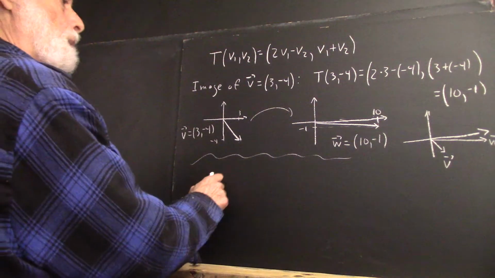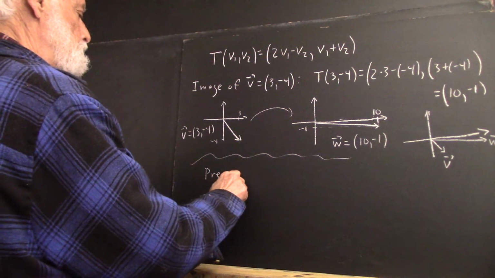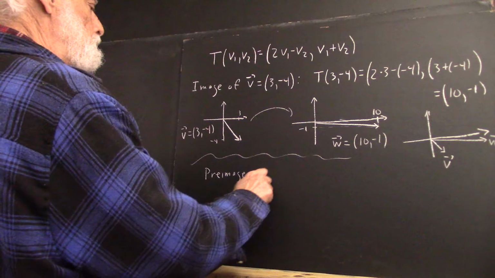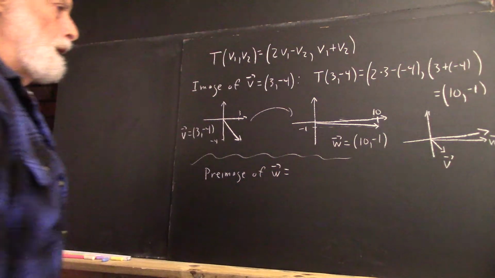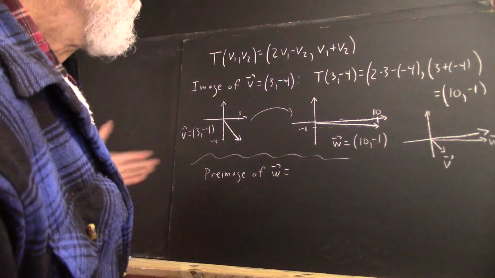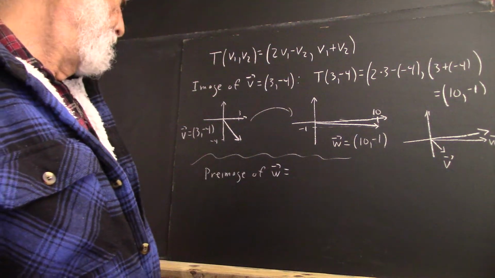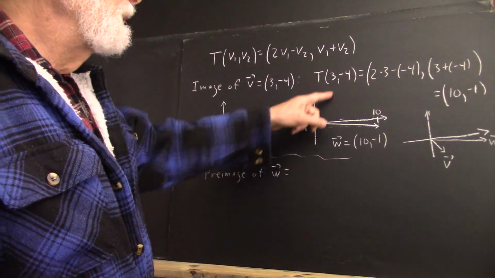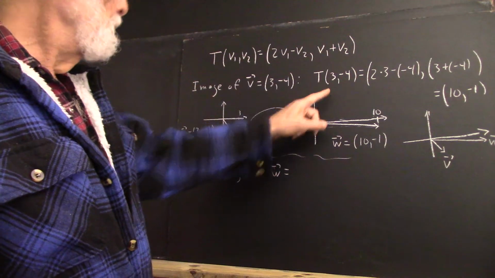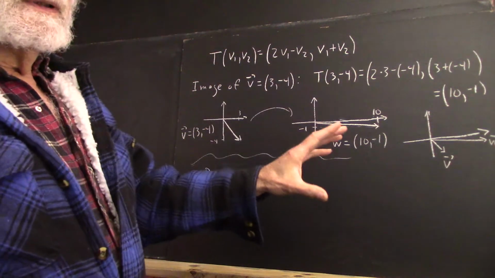Okay, now what about the preimage of w? Well, let's just ask ourselves, looking at the geometry of the situation, what if we had a vector w out in this direction and we wanted to find the vector over here? Now it's kind of unpredictable.